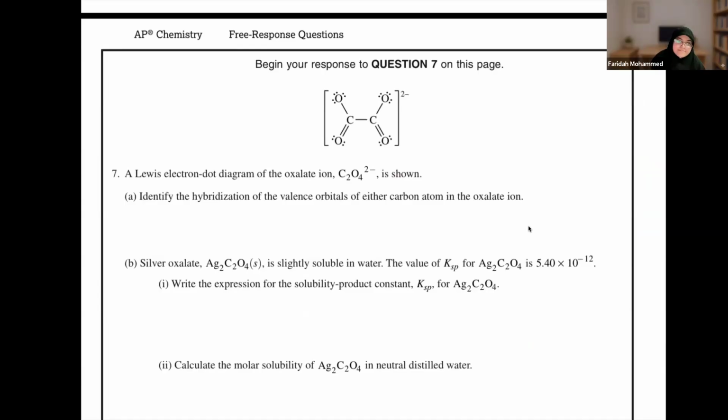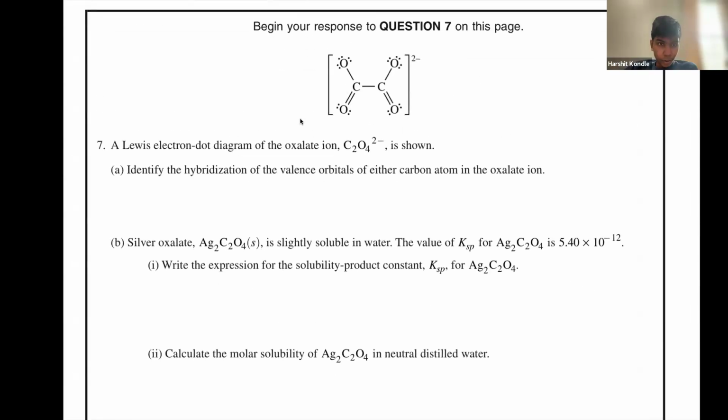Hybridization. Harshit, how do you know hybridization? Okay, so for this one, I looked at the amount of electron regions D had. Since it has two single bonds and one double bond, I said the hybridization was sp3.